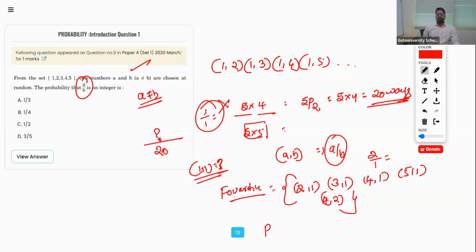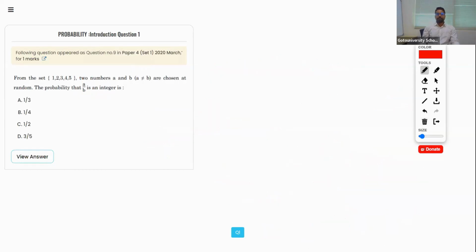But the total number of outcomes, that is the sample space, what are we having? I cannot write all of them, but I can tell you how many outcomes: 20 outcomes. You want me to write 20 outcomes? Yes, I can write it. I'll show you. They will never repeat, right? For 1 alone: 1 comma 2, 1 comma 3, 1 comma 4, 1 comma 5. Similarly, 2 comma 1, 2 comma 2, 2 comma 3. So 2 comma 2 is not allowed. 2 comma 3, 2 comma 4, 2 comma 5.